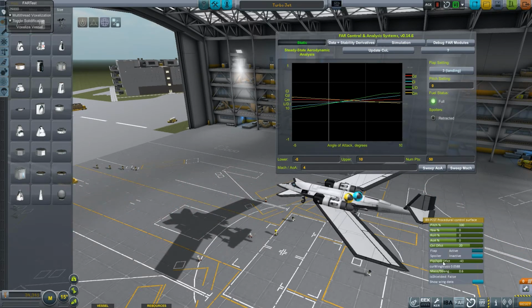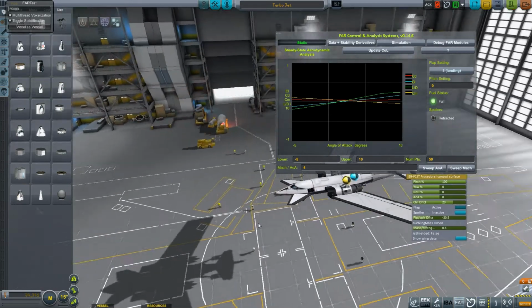So by tweaking these, we can basically move our neutral pitching moment to exactly where we want it. And that way we can fly straight and level, or well, we won't lose altitude without even touching the controls. A pretty useful thing.